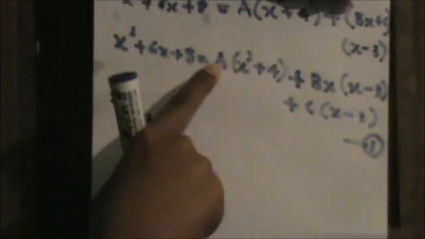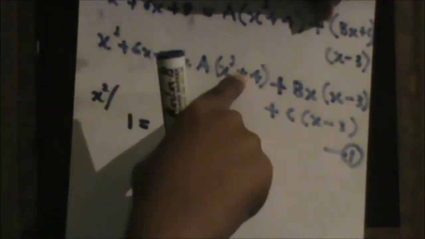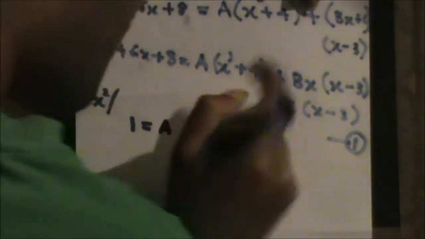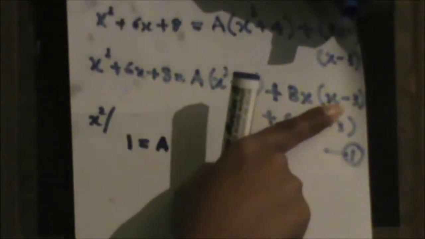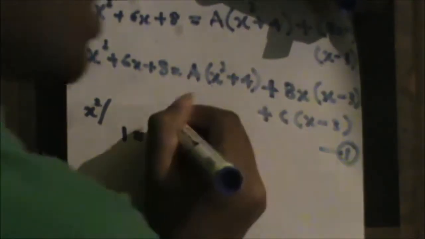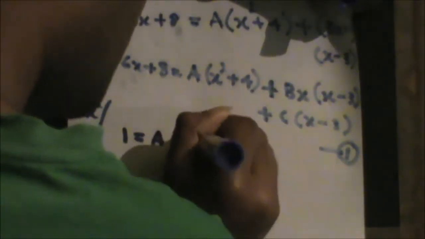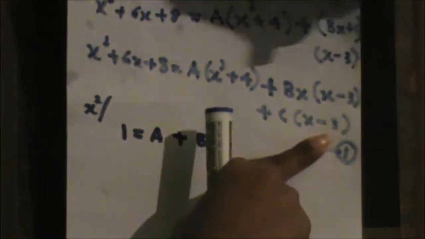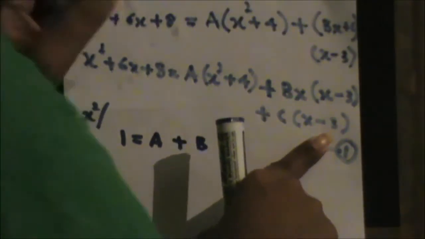On the right side, when I multiply a with this x squared, I will be left with ax squared, and the coefficient of x squared there is a. And from this term, bx times x is bx squared, so the coefficient of x squared is b. And from this term, I am not left with any x squared term. So a plus b is 1. So that will be my second equation.